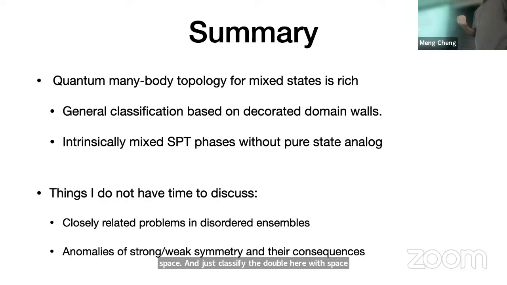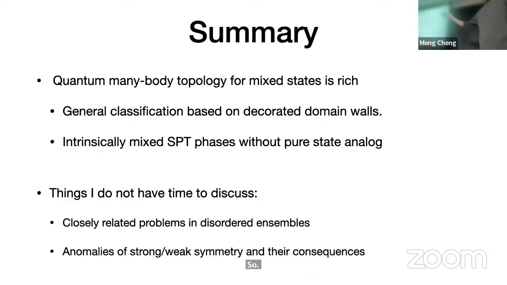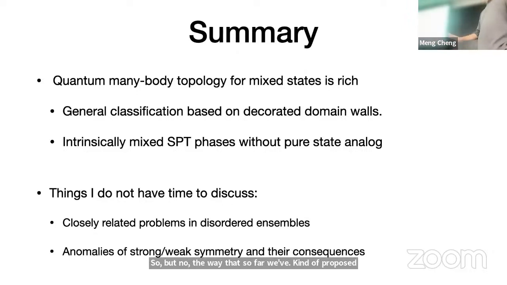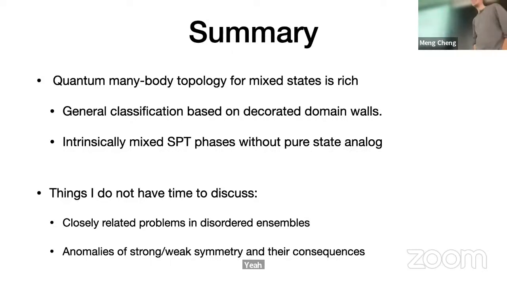You can ask whether these states in double Hilbert space are mapped back to reasonable density matrices. Generally, they are not, because of the positivity constraints. But the way that we've proposed the classification so far, we haven't explicitly used it, for example, in defining the decorated domain wall and all that. I see. Maybe implicitly somewhere. Right, that could be true.